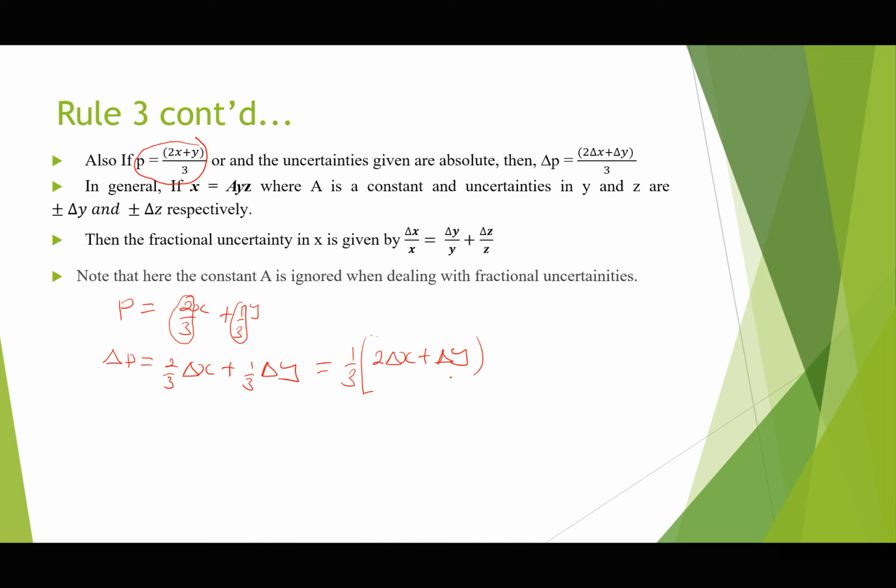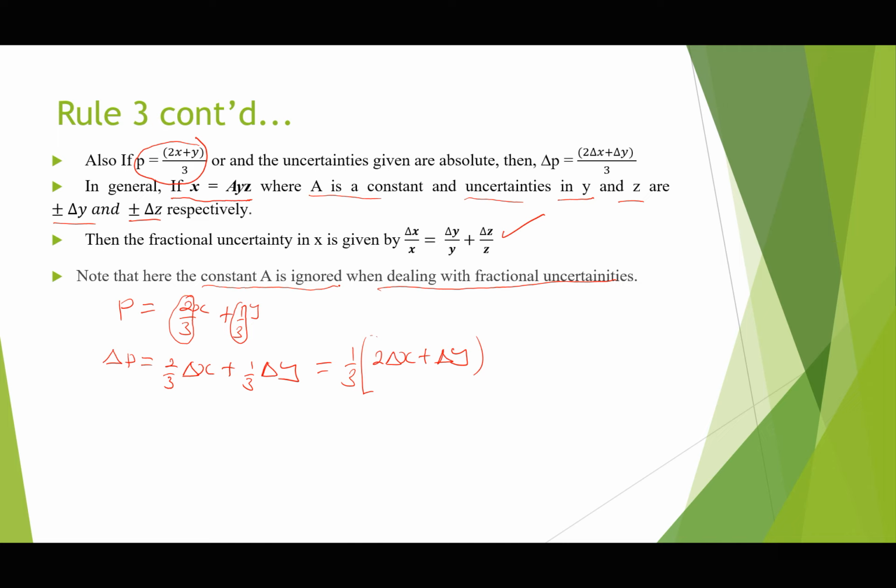So in general, if you have a constant in a given expression, where A is a constant, and uncertainties in y and z have been given as absolutes, then the fractionals are given by that. We have already seen that. But the constant in front has been ignored. When dealing with the fractional uncertainties or percentage uncertainties, the constant in front is ignored.